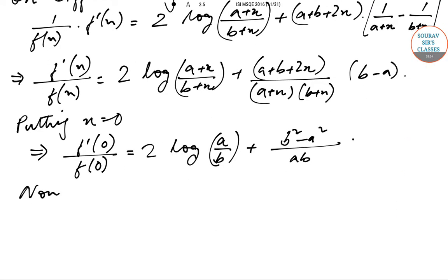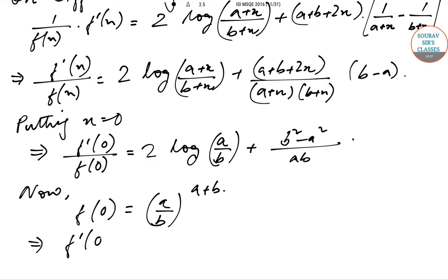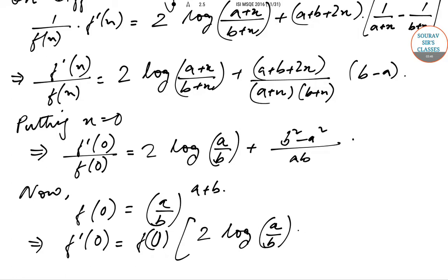Now f of 0 from definition we get as (a by b) to the power (a plus b). So this implies that f dash 0 is equal to f of 0 into (2 log a by b plus (b square minus a square) by ab).